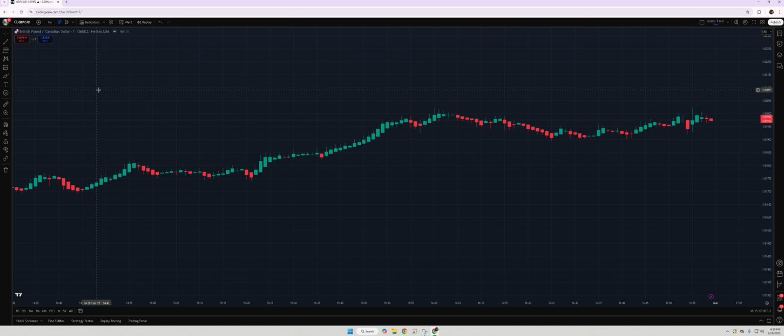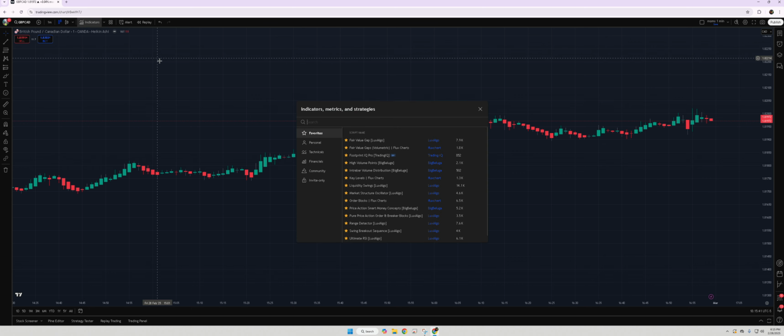Then we're going to go to indicators. What you want to do is type here and search for high volume point. You'll see a list of things pop up, and you want this one here. To the left of it, hover over a little bit.